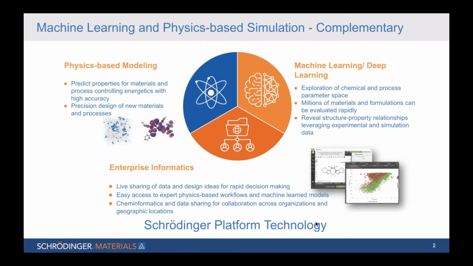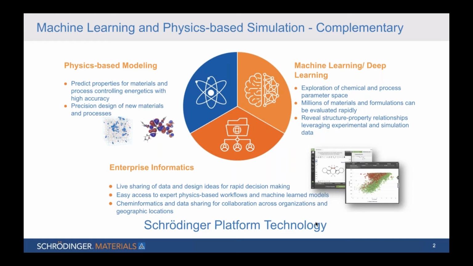So in the past decades, with the advancement of algorithm and the increasing power of computing resources, we have seen a wide adoption of physics-based simulation at atomic and molecular level in almost all aspects of chemistry, from drug discovery to material design. These simulations can be used to provide high accuracy predictions of various properties for materials and process controlling energetics, which in turn helps targeted precision design of new materials and processes.